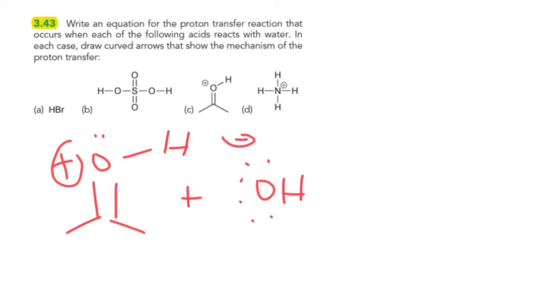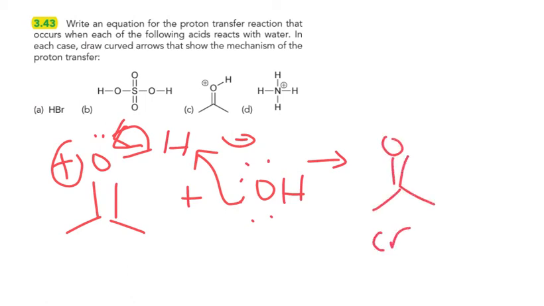All this question is asking you to do is take a pair of electrons from the base and deprotonate the acid, right? And remember, it's the same set of arrows where you go from base to proton, and then from the bond between the proton and whatever it's bonded to back to that atom, right? So this would be the conjugate base, and then this would be the conjugate acid.